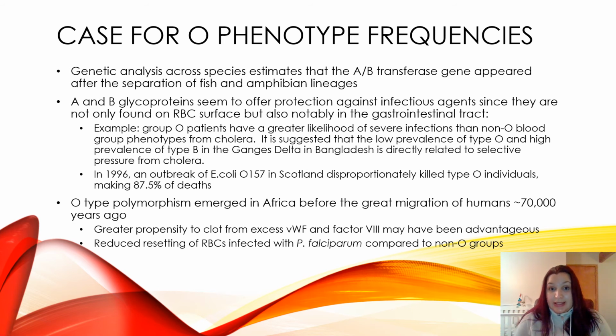This was mentioned as an antidote in previous lectures. So this might have been advantageous for our ancestors to be able to clot faster. There have also been studies that show that type O blood has reduced rosetting of RBCs infected with Plasmodium falciparum compared to non-type O.